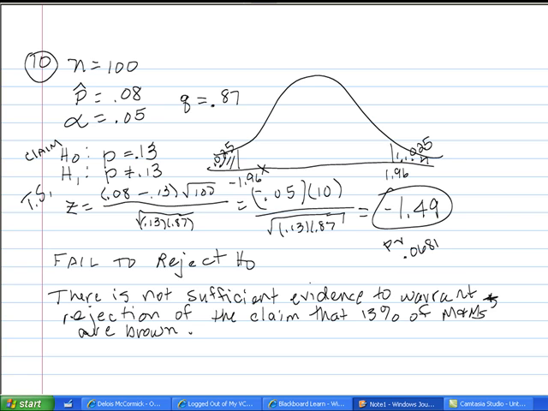So 0.0681 times 2 is 0.1362, which is greater than our significance level, so it would also lead us to conclude that we've failed to reject the null hypothesis.